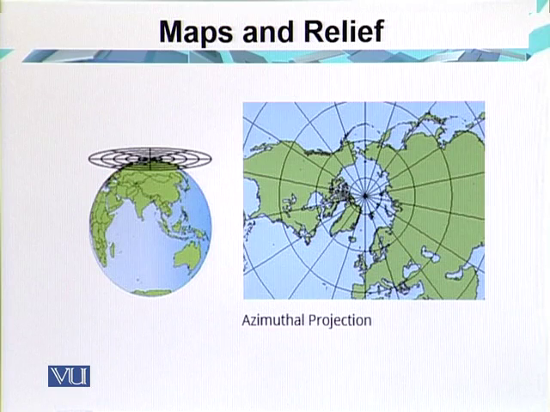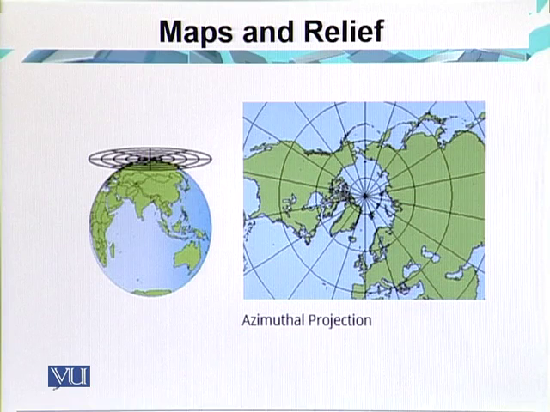Here we have the projection which is used for the polar areas. The map shows the areas which are closer to the pole, and this area is the North Pole. The areas around the northern pole are the northern part of North America, which has the country named Canada, the northern part of Russia, and the northern part of Europe.